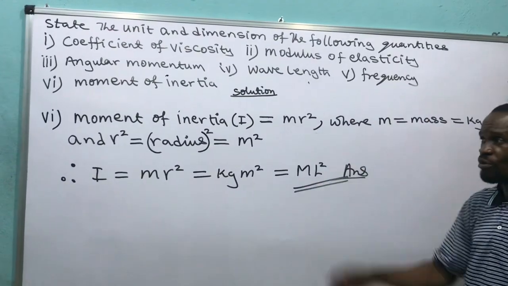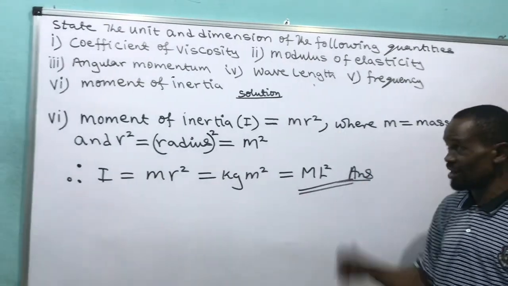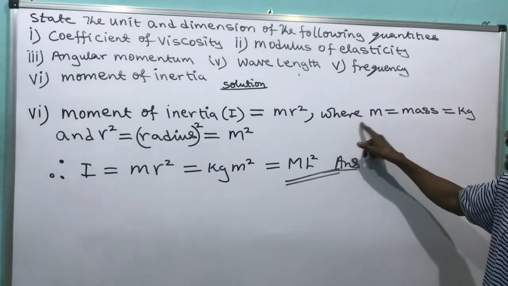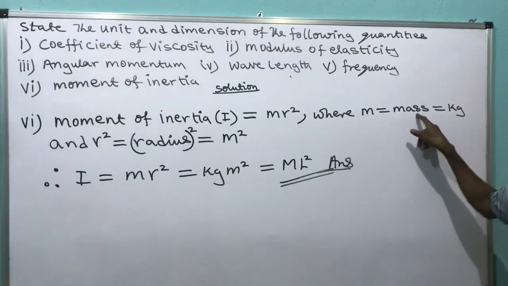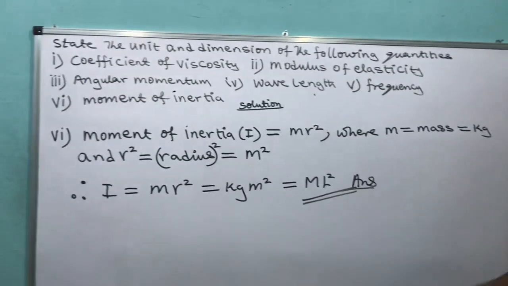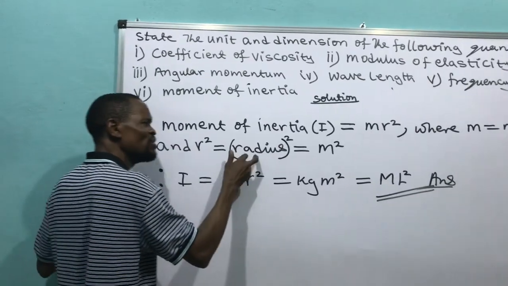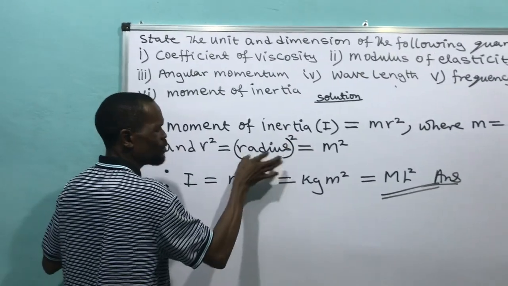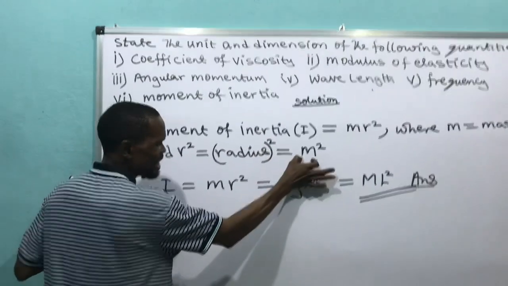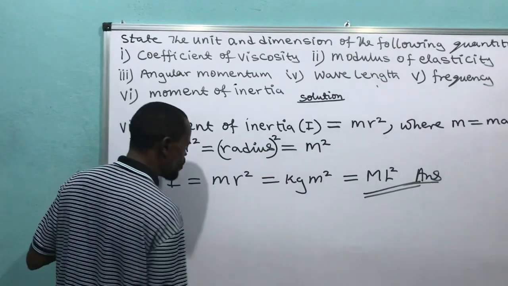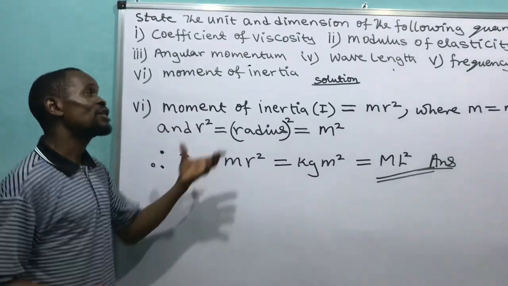That's the definition of moment of inertia, the formula, where M is mass, which is in kilogram, and R raised to power 2 means radius raised to power 2. The unit of radius is meter, and meter raised to power 2 we call meter squared.